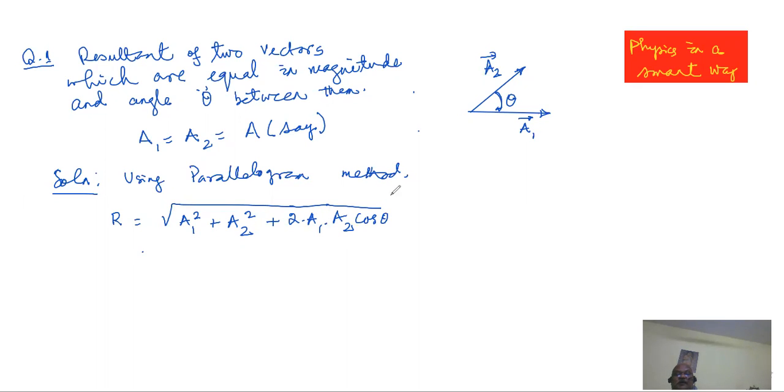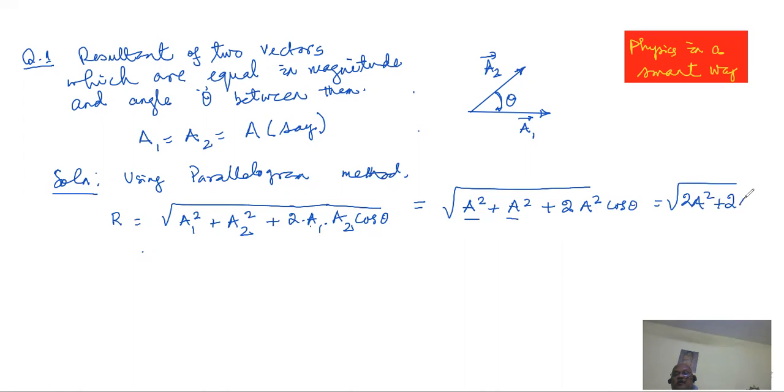If you extend it, that becomes square root of A1 has magnitude A, that is A square, plus 2. A1 is of magnitude A, A2 is of magnitude A, so that becomes A square into cos theta. So that becomes root of the first two terms, A square and A square, that is 2A square plus 2A square cos theta.